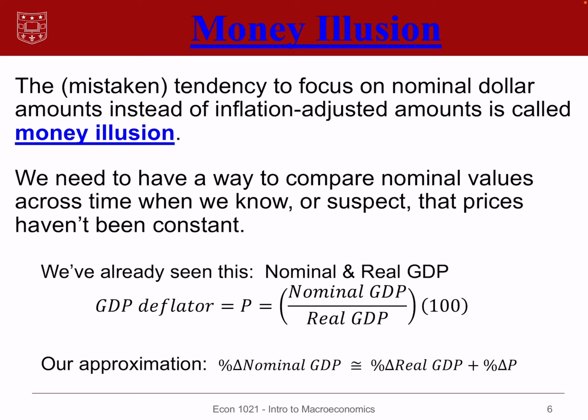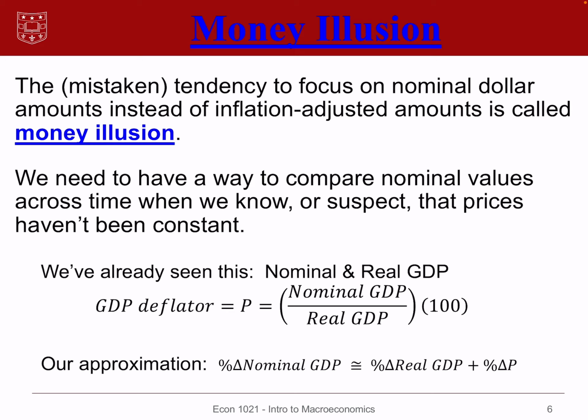So my dad used to always say, when I bought our house back in 1964 or something, it cost $27,000, and now a house costs $500,000. Well, that would be an example of suffering from money illusion because over those intervening years, the price of all goods and services rose. So when we suffer from money illusion, we have the mistaken tendency to focus on the nominal dollar numbers that we see floating around instead of inflation adjusted amounts.